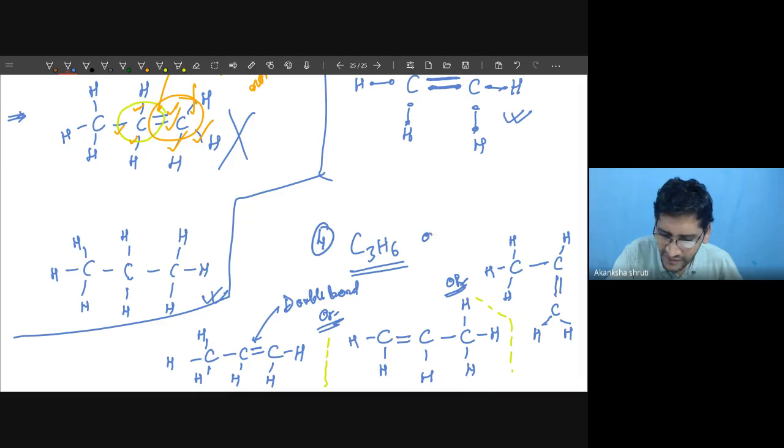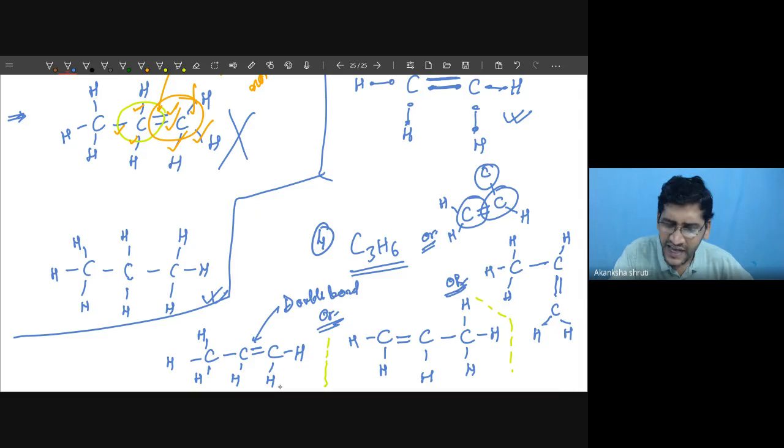That is the point that we have to keep in mind. Or even one may think like this: the carbon is drawn here and the double bond is drawn here. Then in this case, for the first carbon, two bonds are already drawn. So only two hydrogen can be fixed here to maintain the tetravalency of this carbon. Now for this middle carbon, already three bonds are drawn. So only one hydrogen can be fixed here.